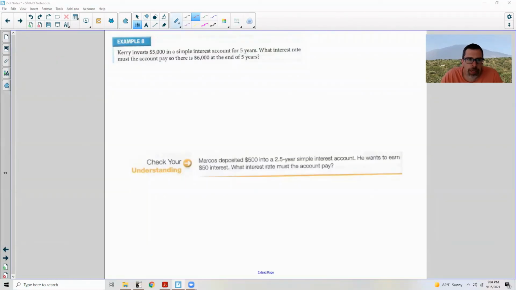All right, example 8 says Carrie invests $5,000 in a simple interest account for 5 years. Simple interest, I equals PRT, I equals, P equals, R equals, T equals. Invest 5,000 is the principal.